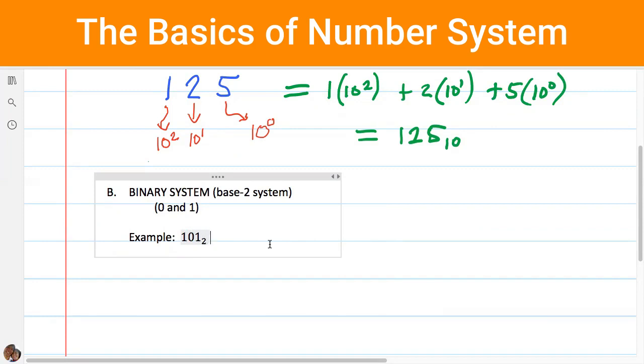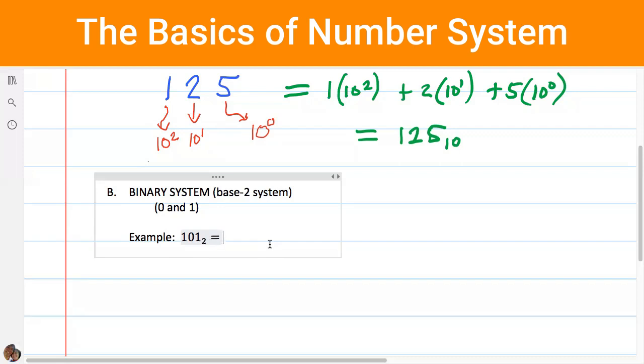Supposing I have here a base 2 number, which is 101. You can read this as 101 base 2, or you can say the binary 101.